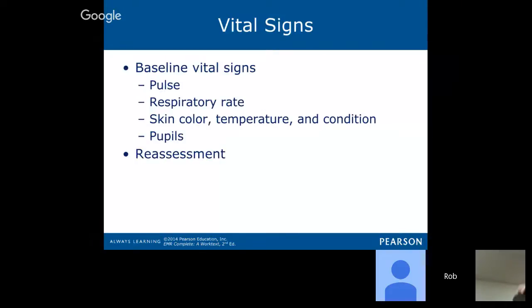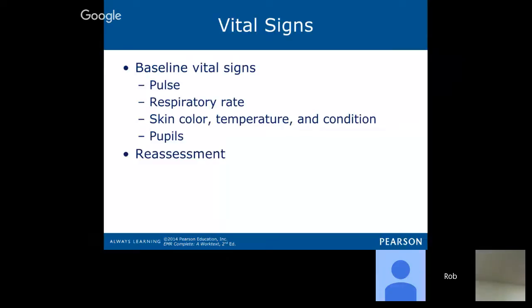Vital signs. Baseline set of vitals are going to come after you determine the severity of your patient, okay? So your baseline vital signs are going to be pulse, respiratory rate, skin color, temperature and condition, and pupils. And then reassessment. Guys, you're going to reassess on a critical patient every 5 minutes is what the state says, and every 15 on a non-critical patient, okay?